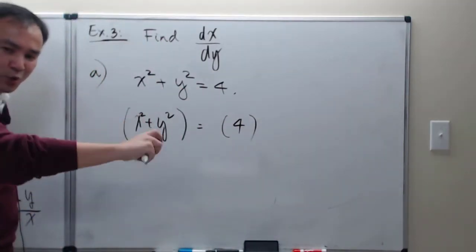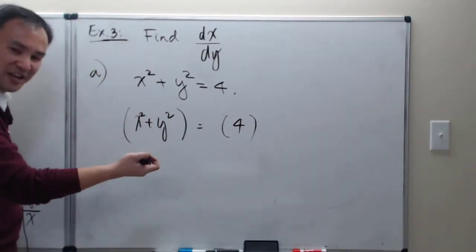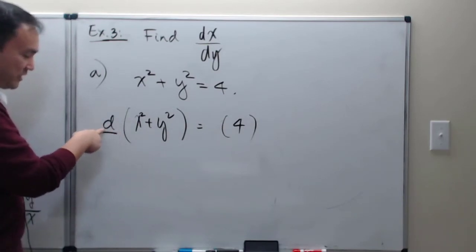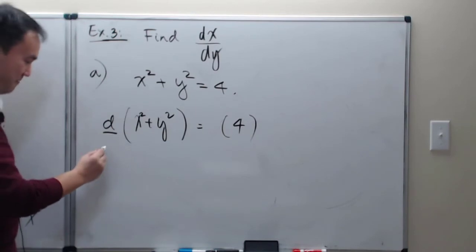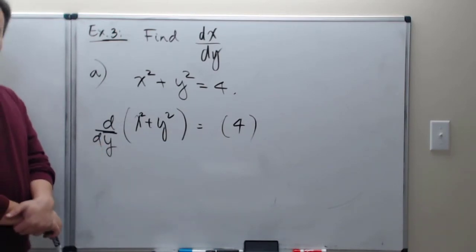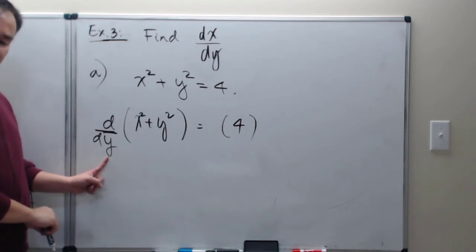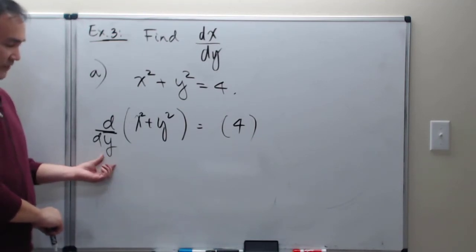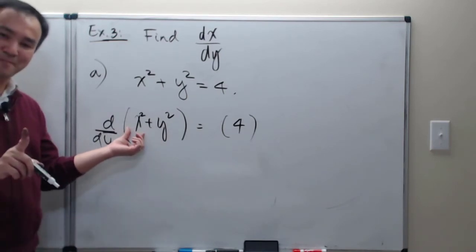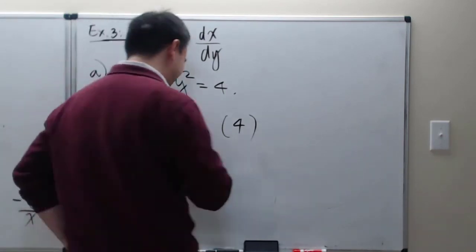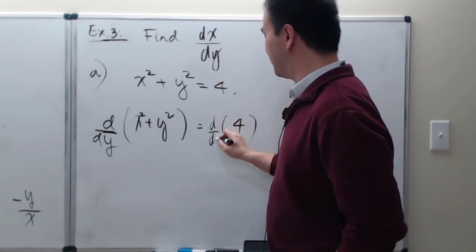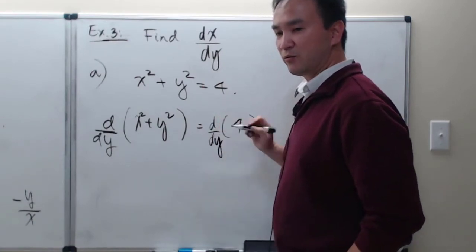We twist around the convention: we're taking the derivative in terms of y, so it's a dy here. That means this variable down here, now that we're seeing it as a variable, that term is explicit, and this term here is implicit, but we'll get there. And then the right hand side is constant 4, but we're taking the derivative in terms of y.